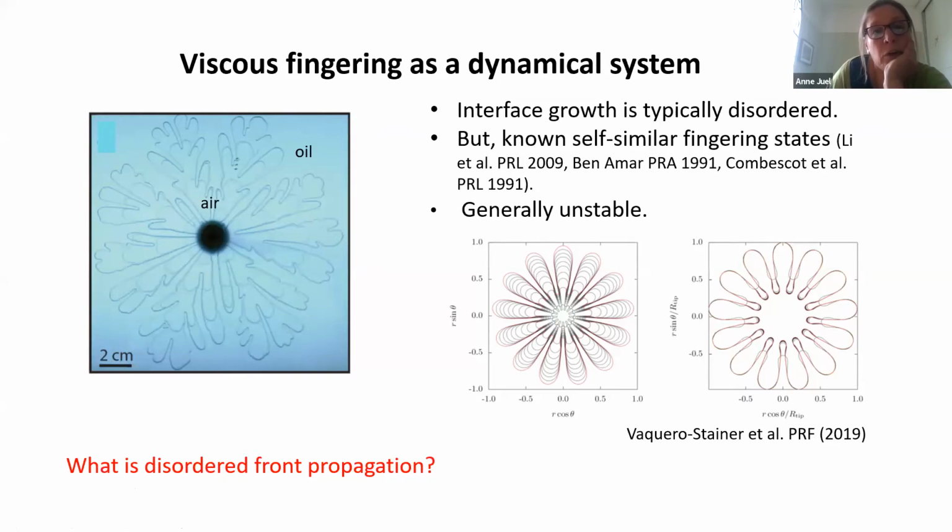Okay, so the problem with this system is that it's pretty complicated because everything's disordered. All the propagation is transient, and you can't actually start from a nice, stable, simple steady solution to look at then how it bifurcates to disorder.